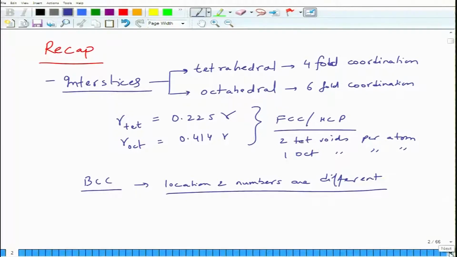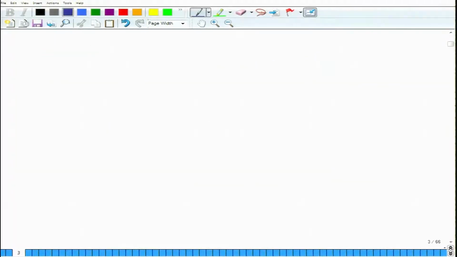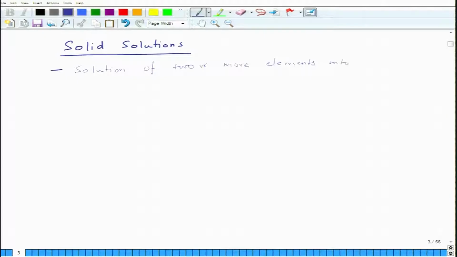So now in this lecture, we will talk about solid solutions. Solid solutions are just like liquid solutions, they are solutions of two or more atoms into each other.